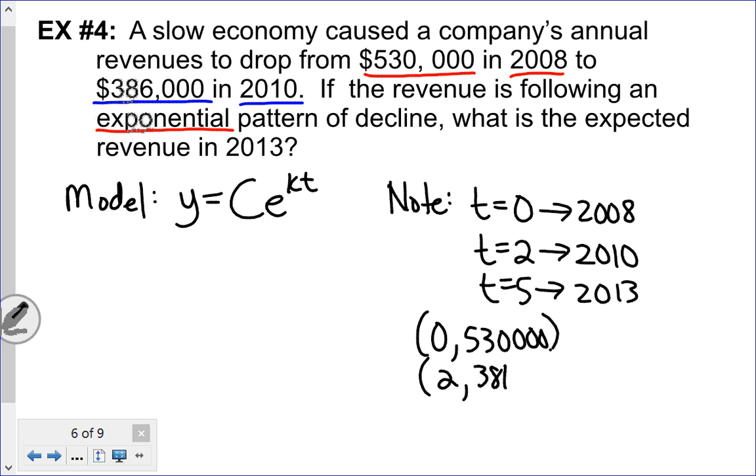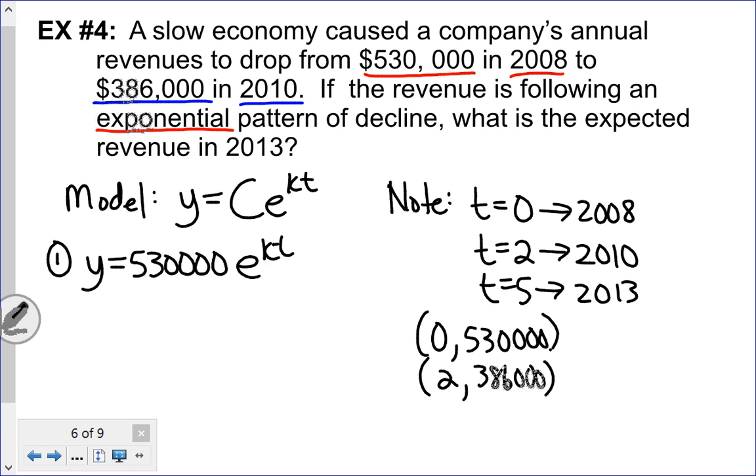So let's use those conditions. First, we know that C is always our initial condition. Well, our initial value is 530,000. So we have this much part of the model. Now we're going to use the other information to plug in. So we know that Y is going to be 386,000 when T equals 2. And so now we would solve this.